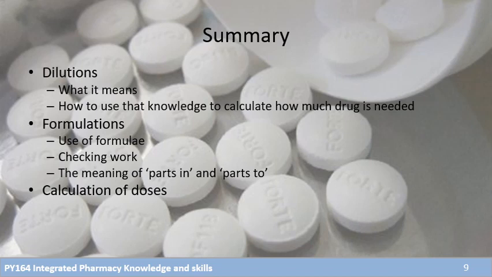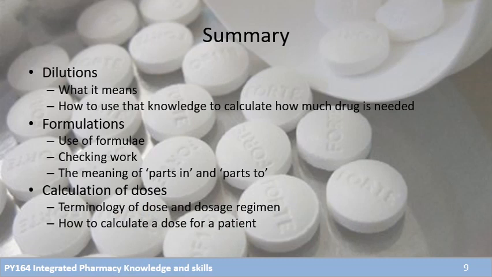And if you're really not sure about that, go back and have another look. And finally, we talked about the calculation of doses, etc. Remember that all this information is in the book under the relevant chapters. So you need to be very familiar with these. You don't need to be trying to remember what this is all about. Make sure you know this pretty well.